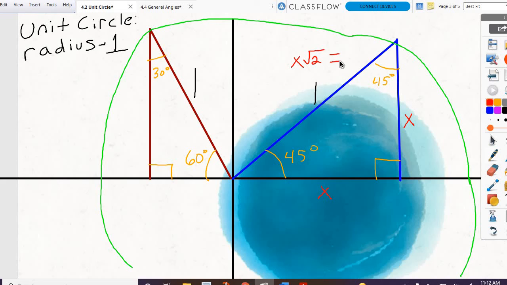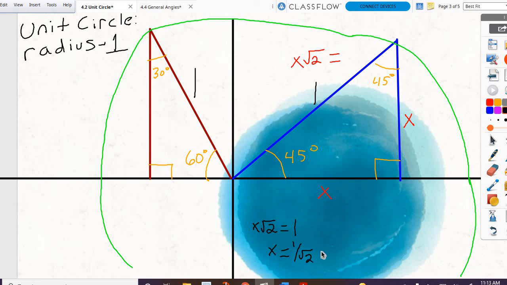Well, if I set this equal to 1, what does that mean that x is? How would I solve for x?